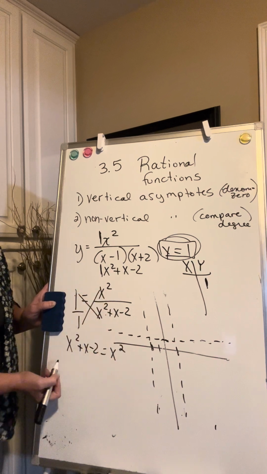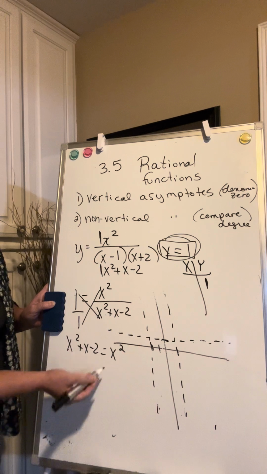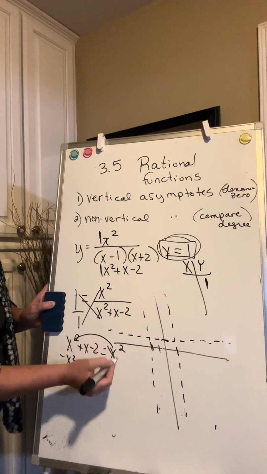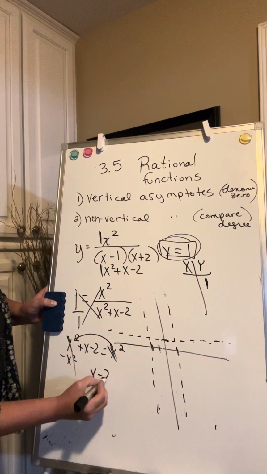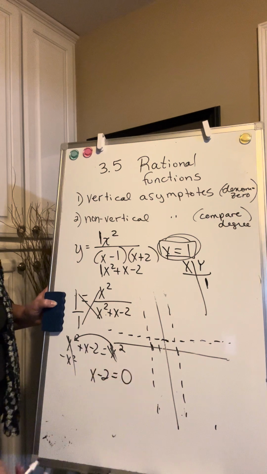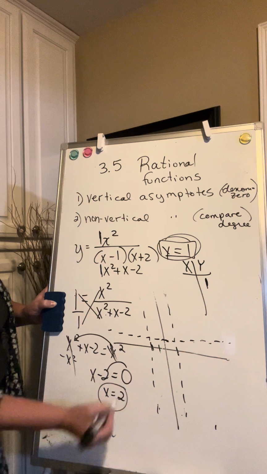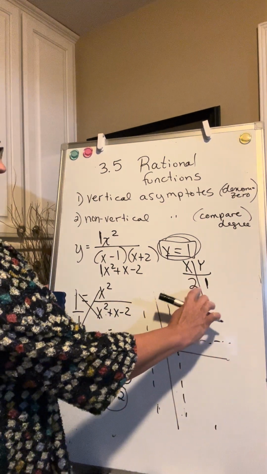And now we have an equation that we can solve. Notice it looks like it could be a quadratic, but when I bring the x across, whichever way you bring the x's, they cancel out. So we're left with just x minus 2 equals 0, which is going to give me x equals 2. So there is a solution. So there is going to be a crossing point at the point (2, 1).